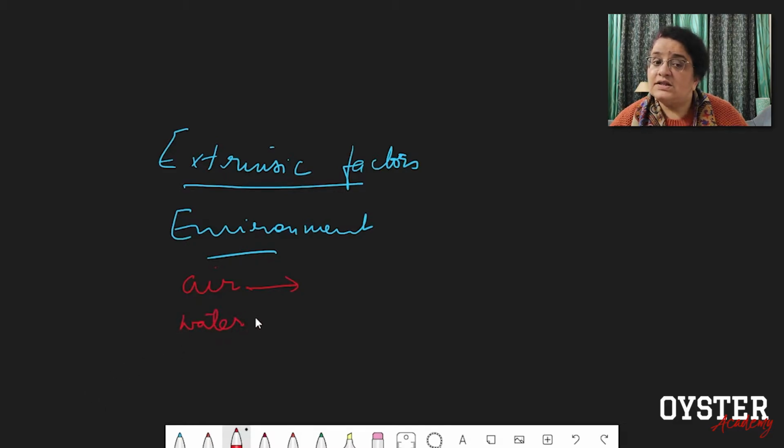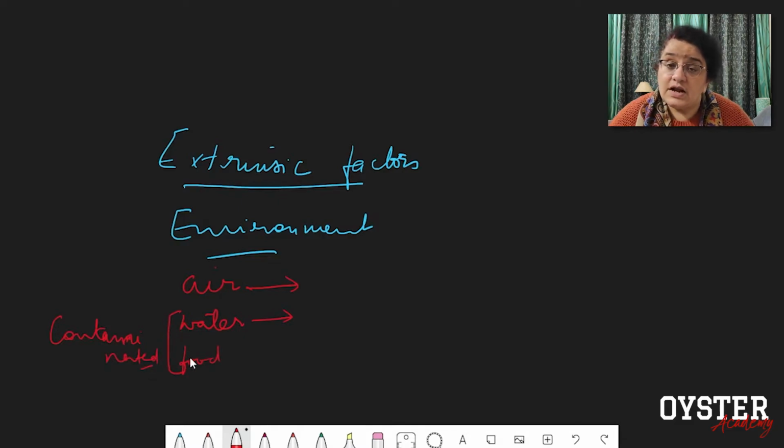Many bacteria enter through the water into our body, and many bacteria also enter through the food. Actually, we should call it contaminated water. Contaminated means the infected water. Contaminated water, contaminated food means water and food in which the microbes are present, and they enter the body of the host, and hence the person will be infected.